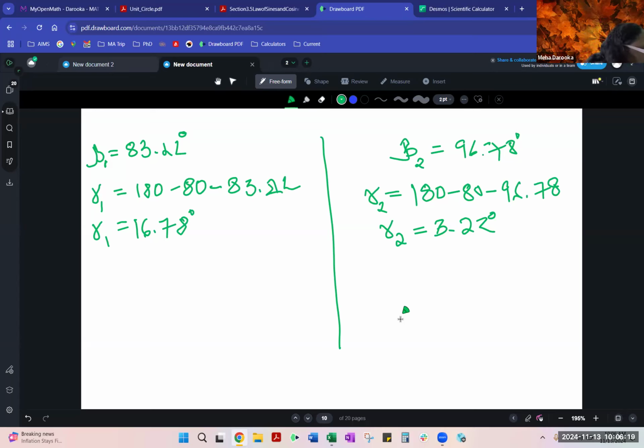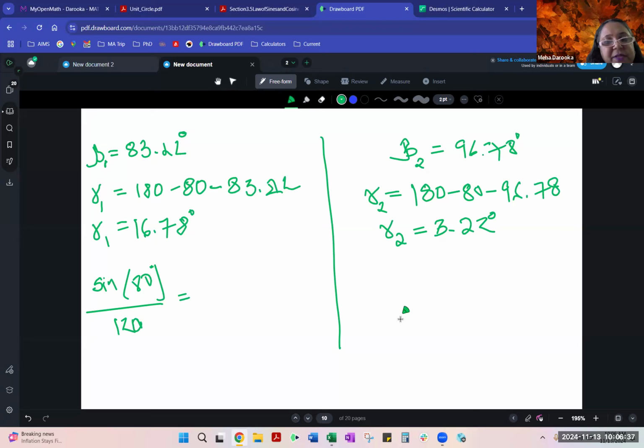In this case, I would definitely fall back on the known values, which was the sine of 80 degrees that we were given for angle alpha. And then remember, side A was given to us as 120. So I would use that.